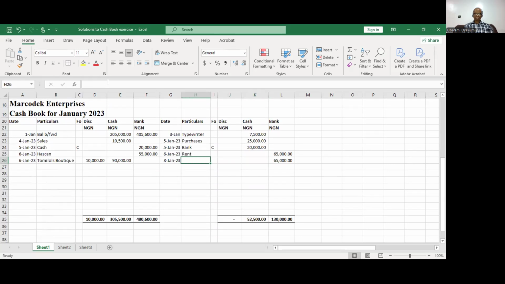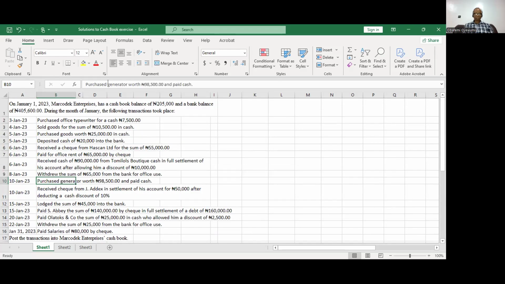So here you're going to say cash, and here you're going to say bank. So you're going to record 65,000 naira there, on the 8th of January 2023. There you are. Let's move on to the next transaction.